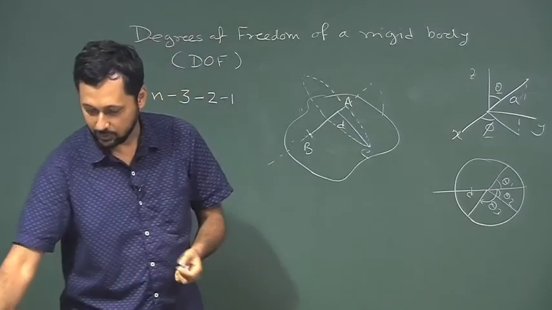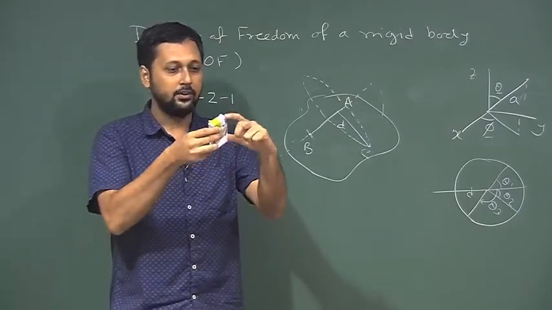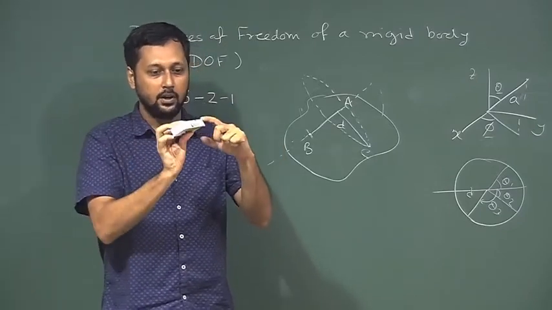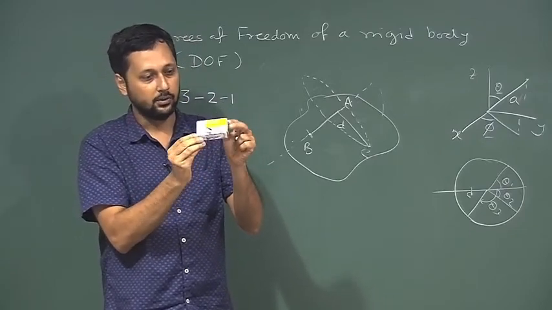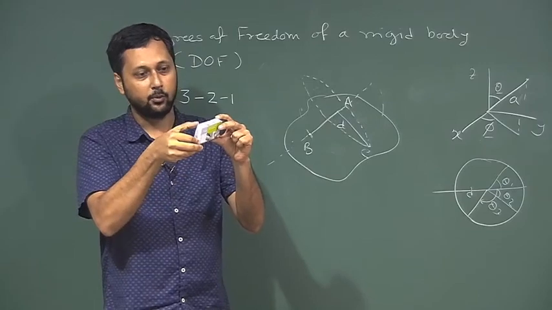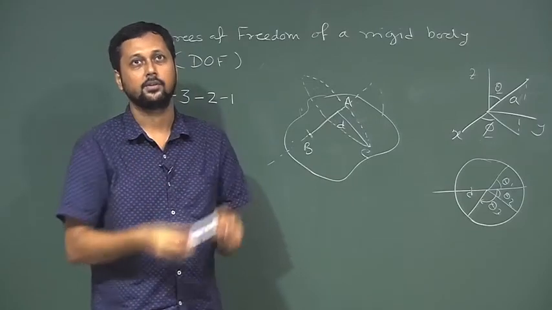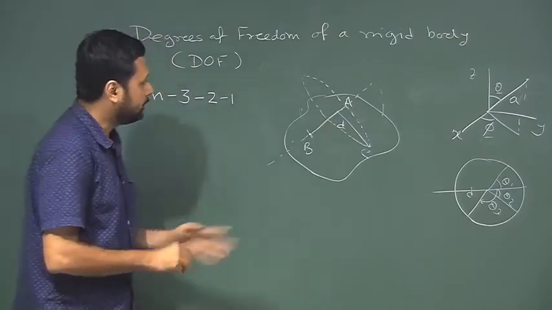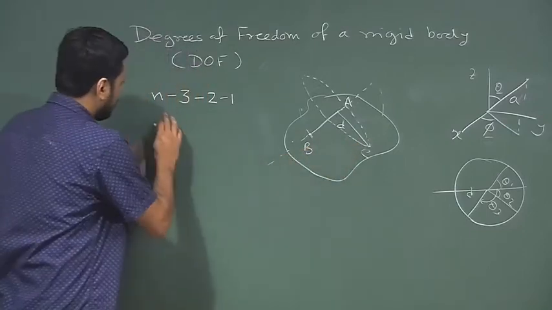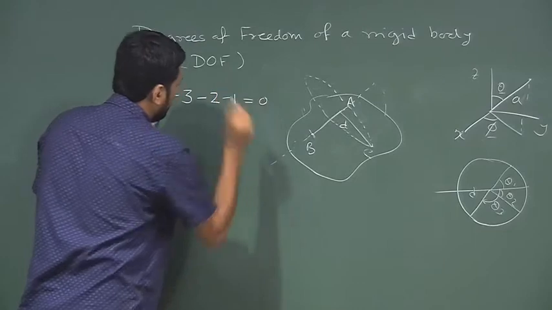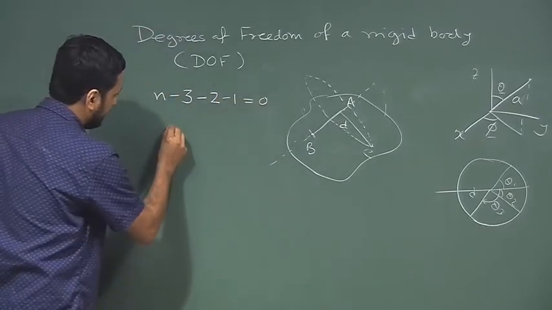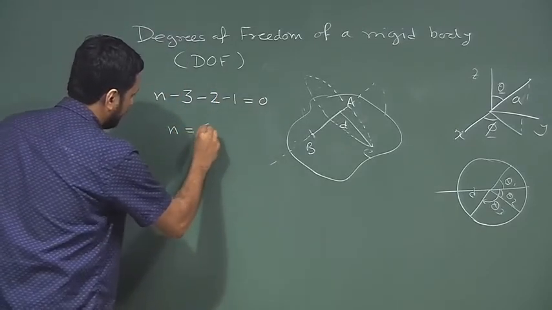Take this one, for example: you fix this point, it can move. If you fix the diagonally opposite point, it can move around this axis. Now you fix a third point, that's it. It cannot go anywhere. That means once we fix point C, the total number of degrees of freedom reduces to 0, and this equation tells us n is equal to 6.